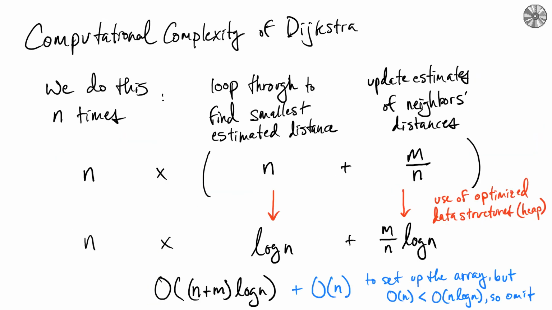It's worth talking just a little bit about the computational complexity. Similar to breadth first search, we have to look at all the neighbors of nodes. So again, we're going to use the approximation that this is m over n, the average degree of the network. And we also have to make sure that we check to see what is the smallest estimated distance.